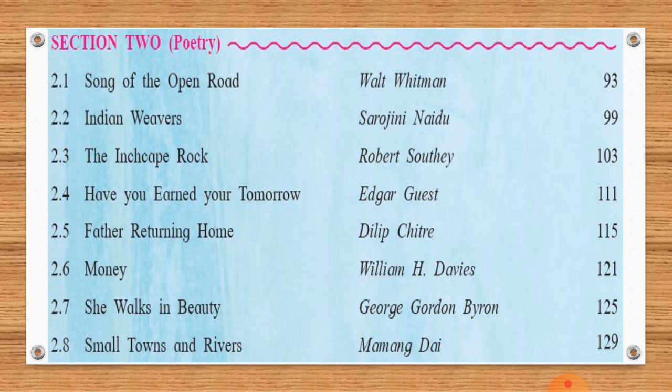So the title of our first poem is 2.1 Song of the Open Road, and this poem is composed by well-known poet Walt Whitman. Students, actually this poem is a beautiful song and focuses on our life.